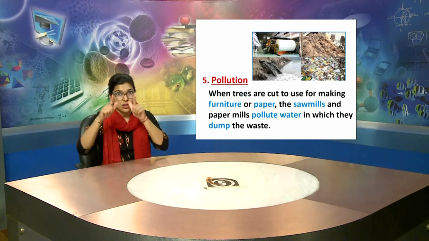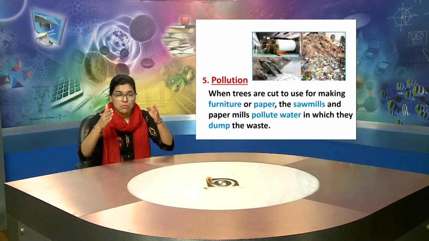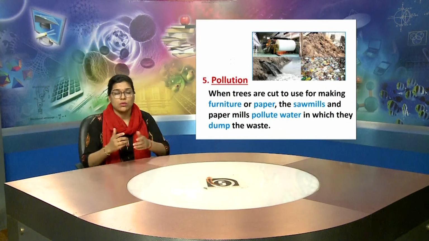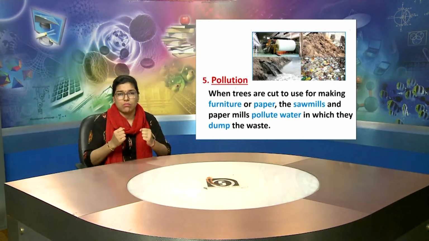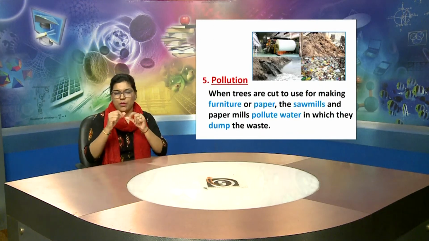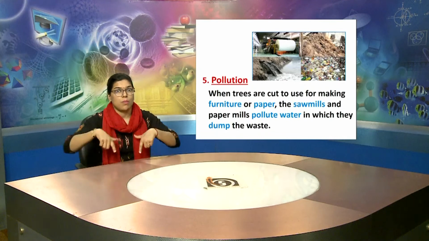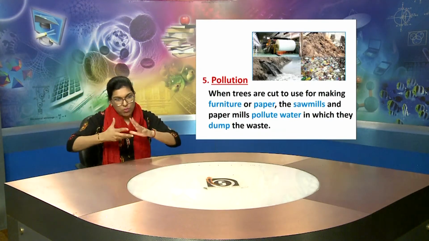Fifth point, pollution. When trees are cut to use for making furniture or paper, the sawmills and the paper mills pollute water in which they dump the waste.